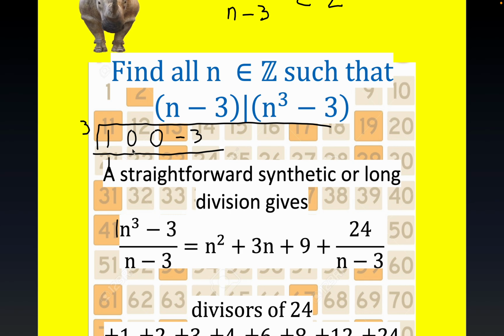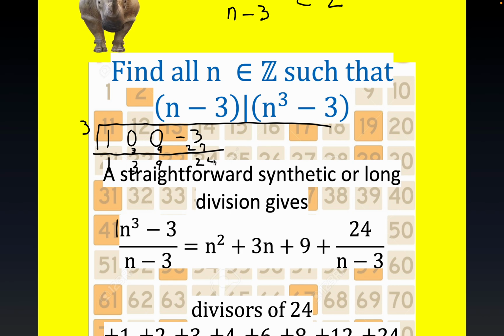You have a 3 here. Now 3 times 3 is 9. You have a 9 there. And so then you bring that 9 down. And then you write 3 times 9 is 27. And you end up with 24.